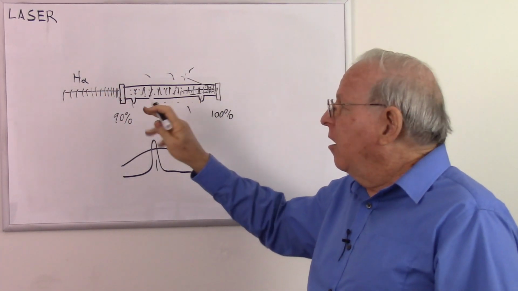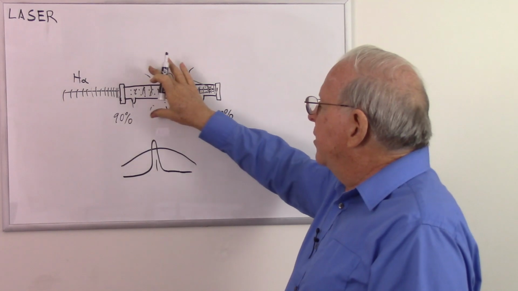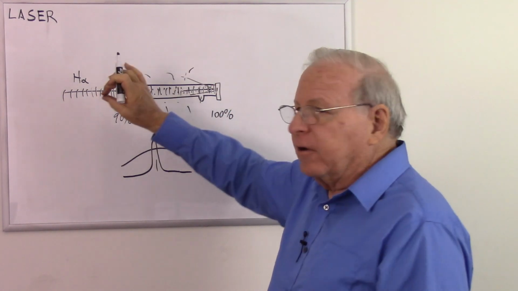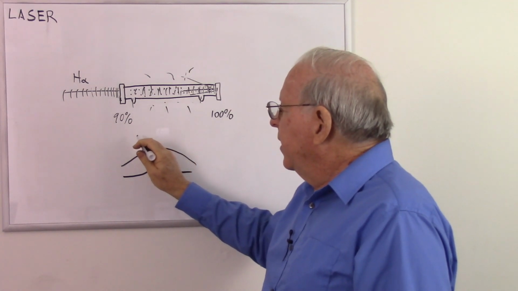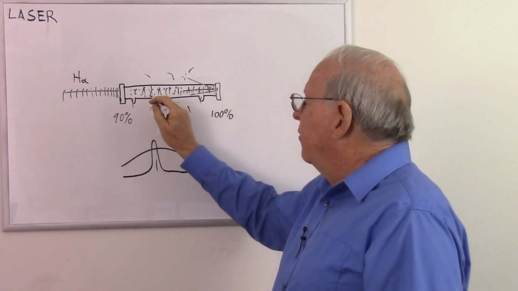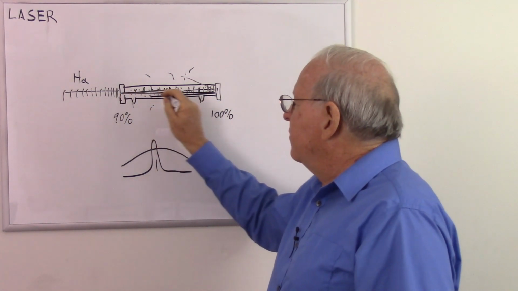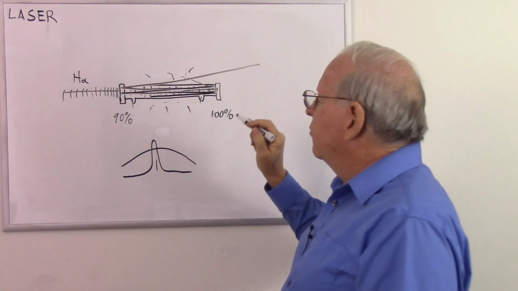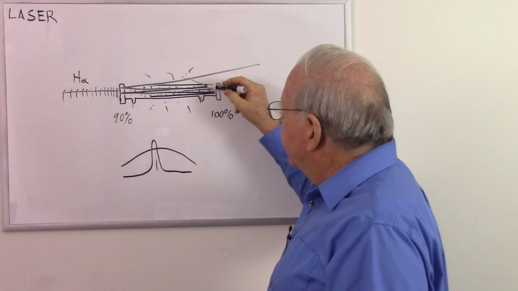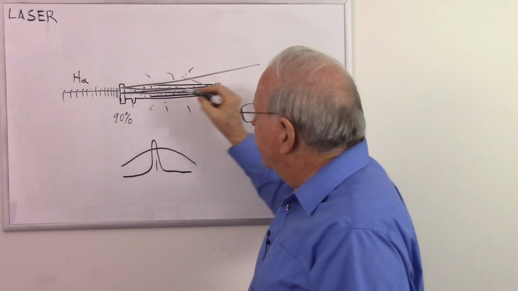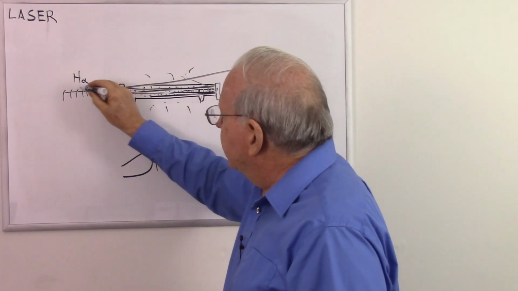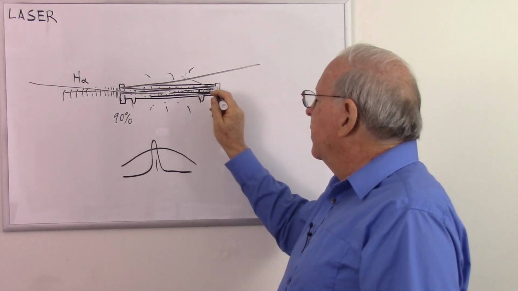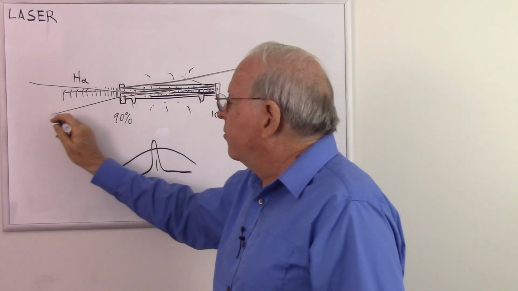Now I believe the collimation is a bigger function of the length and diameter of the tube than anything else, because any of this light that's going at the slightest angle is going to eventually work its way out, but only light that is going straight at this and very near to it. So light that goes this way might escape and disperse a little bit. Light going this way might escape and disperse a little bit.